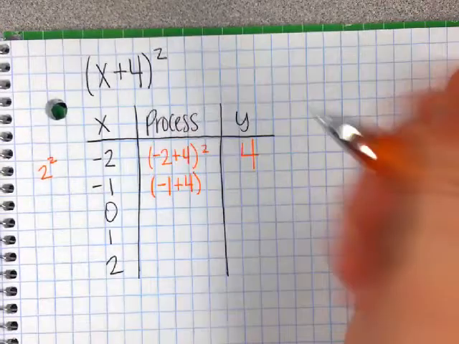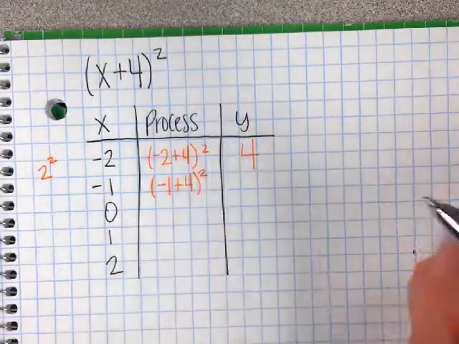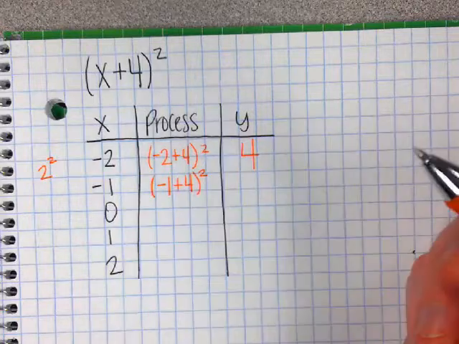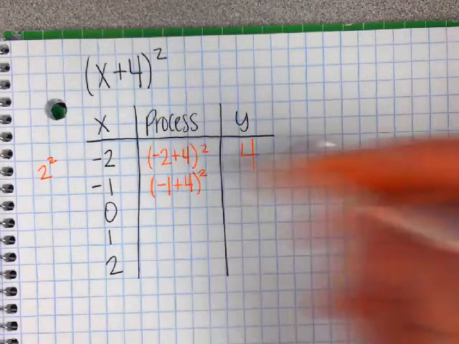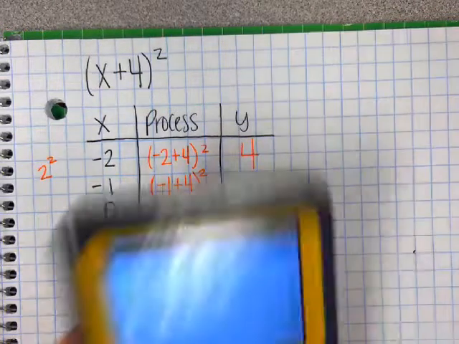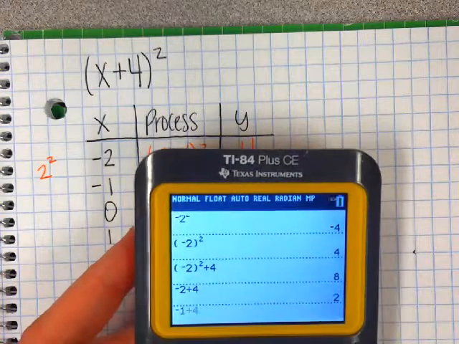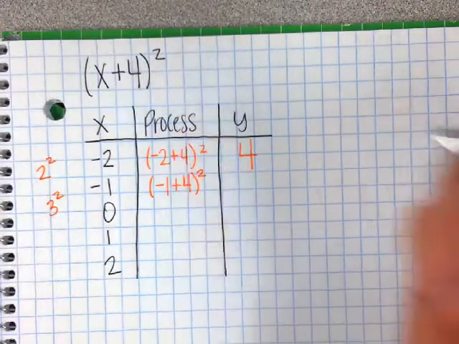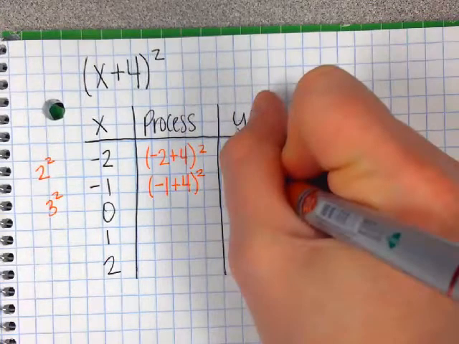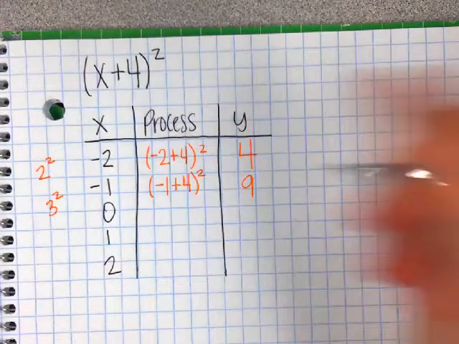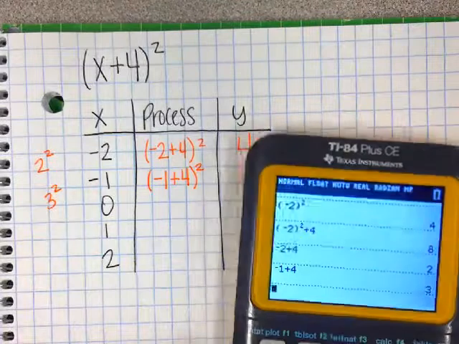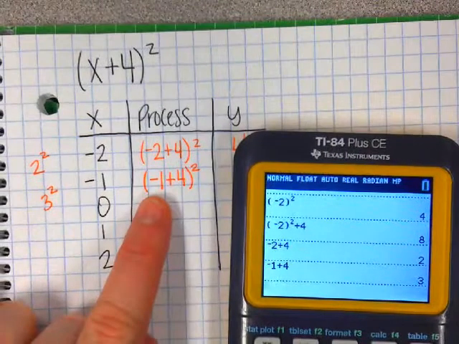Okay, the next one is negative 1 plus 4. So you have to do that first before you can square. Remember, parentheses come before exponents. Negative 1 plus 4. If I owe you $1 and I give you $4, I gave you 3 too much. And then 3 squared is 9.